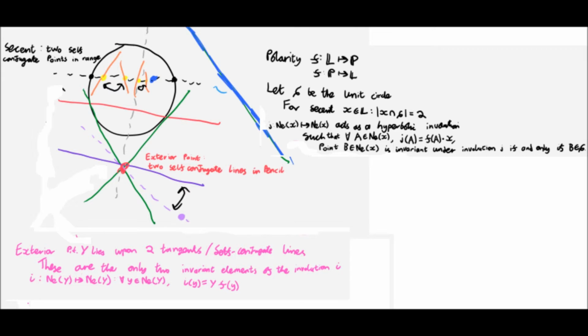So in particular, let's think about an exterior point, capital Y. Let's think about the pencil of lines which go through this point, capital Y. Well, since it's an exterior point, by definition, it has to have exactly two lines through it which are tangent lines, self-conjugate lines.